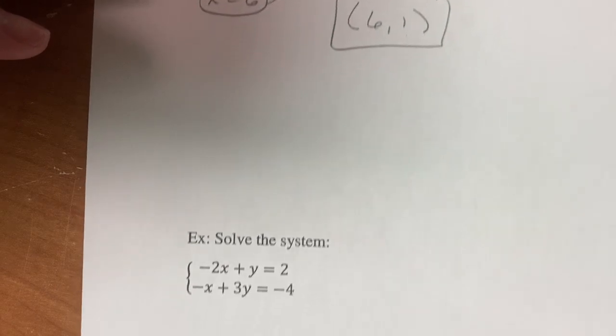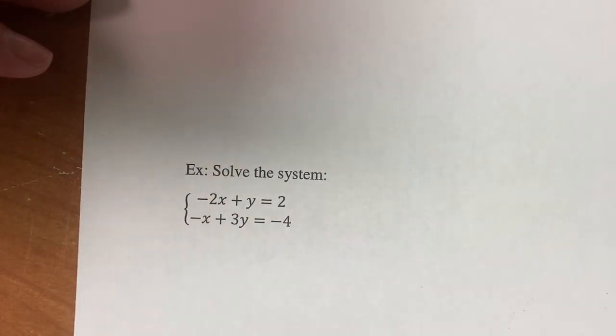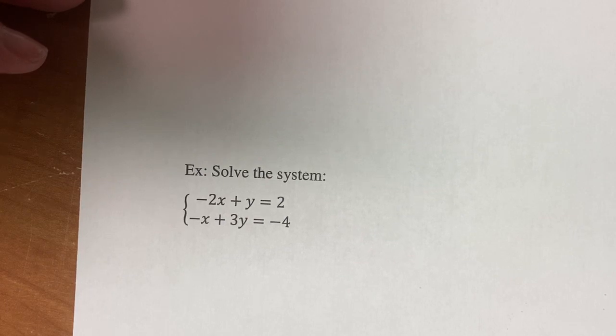Okay, let's look at the second one. Now, if you analyze the second one, you'll notice, if I just add the two equations right now, nothing's going to drop out. So what we have to do is multiply one or both of the equations by some value to make either the x or the y drop out. And it doesn't matter which one you do, x or y.